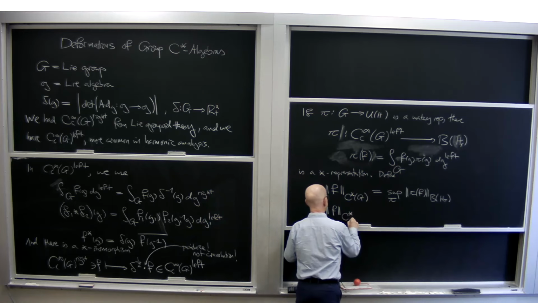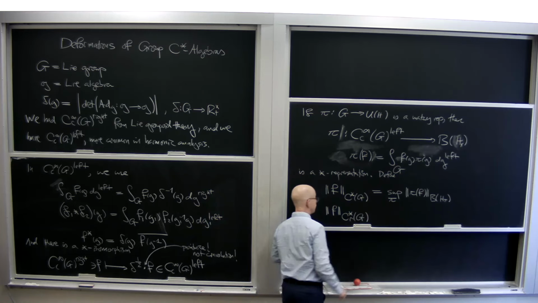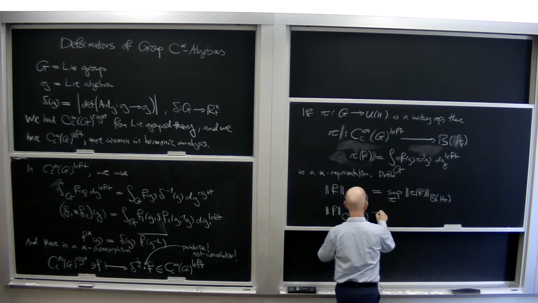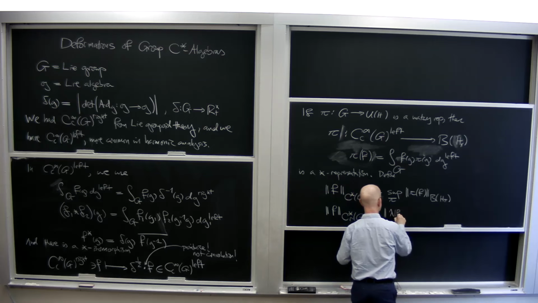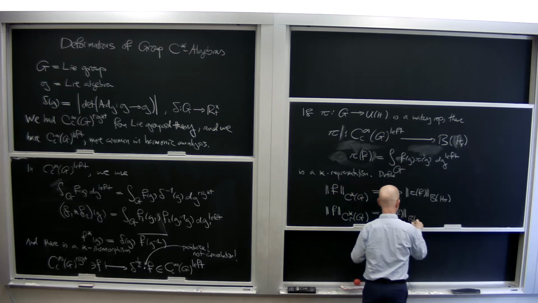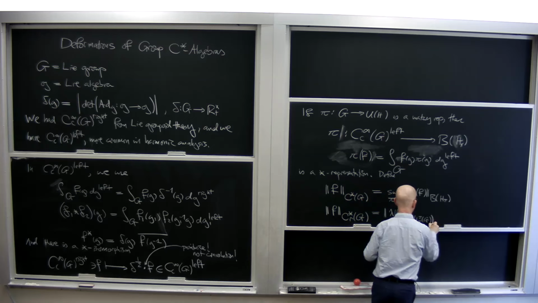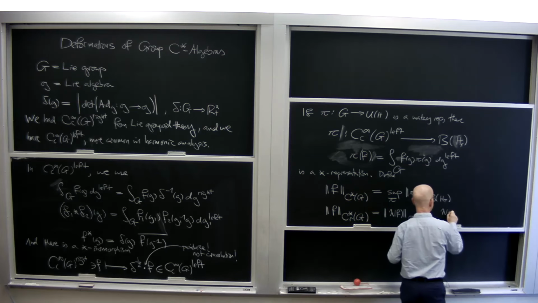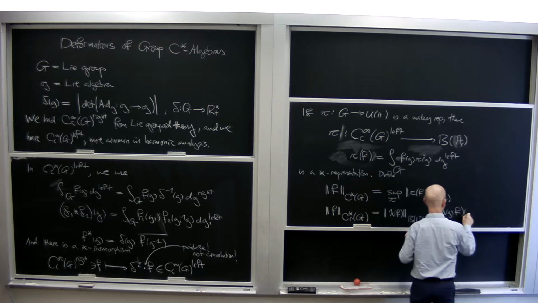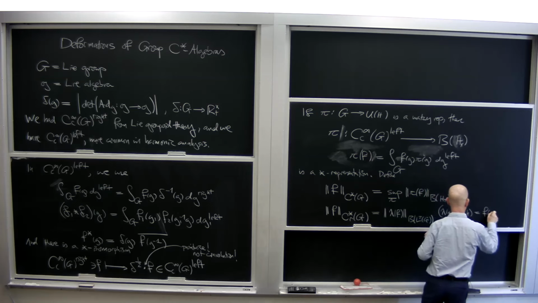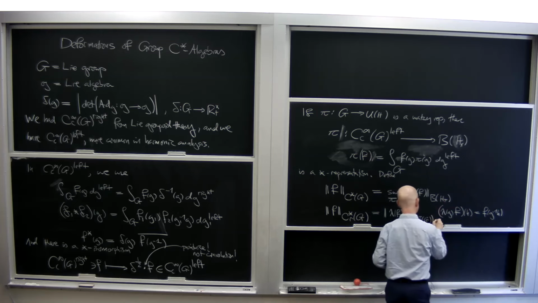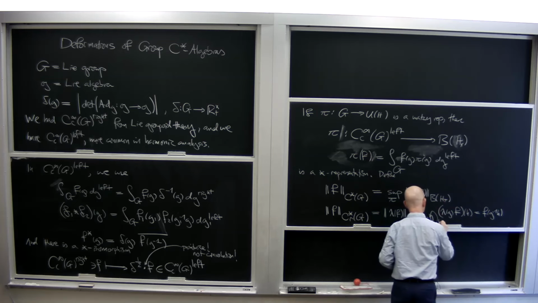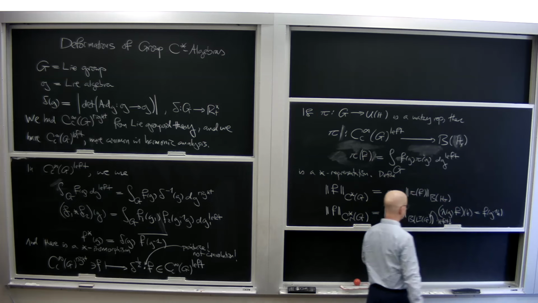And there's something called the reduced C-star algebra, where you just take the norm of lambda of f in B of L2 of G. And lambda is just the regular representation. This L2 is the L2, the way I've written it here.